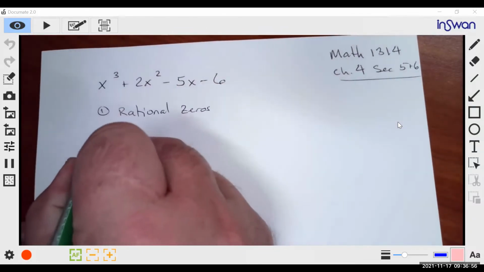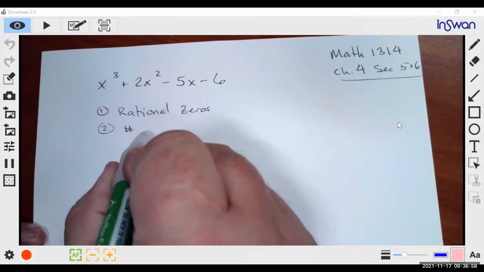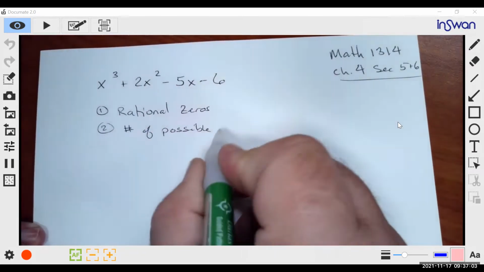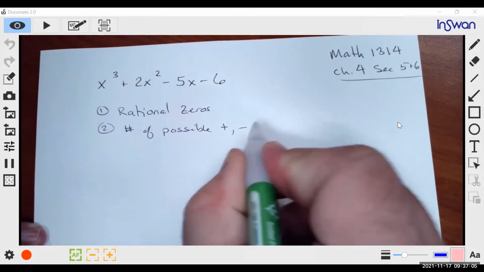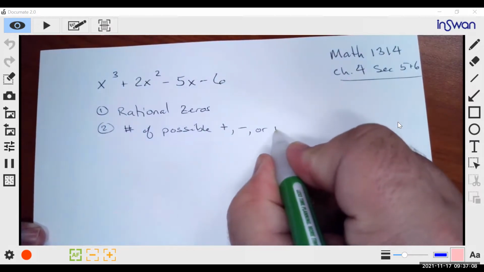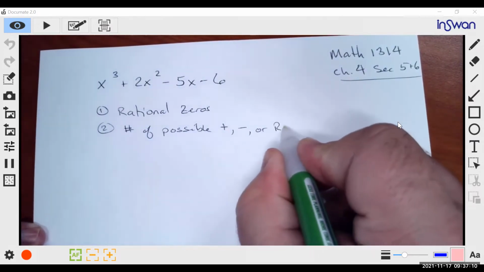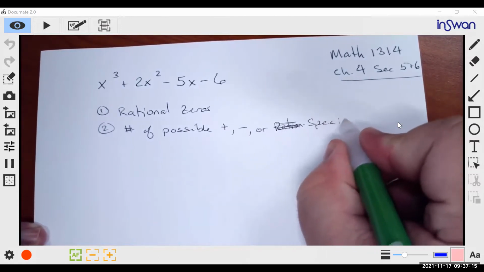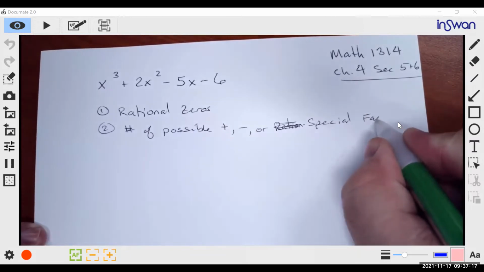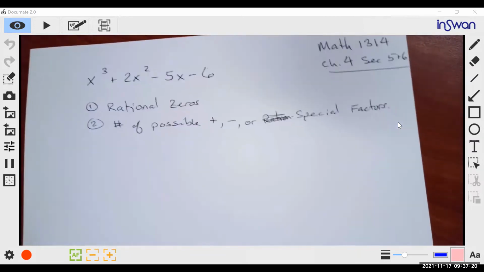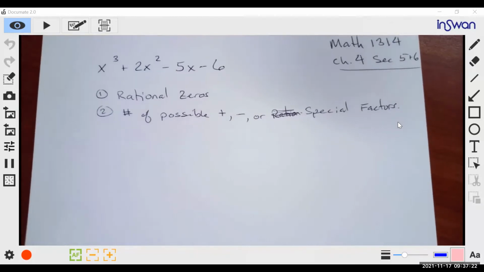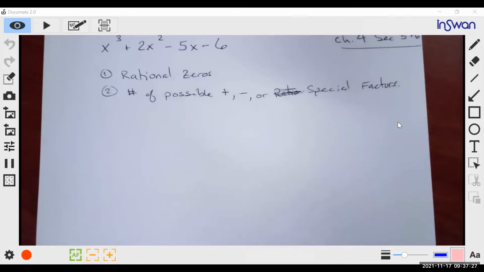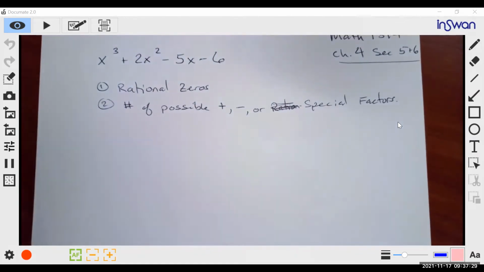And also the number of possible positive, negative, or rational but special, we'll call them specials. So with this question, tell me all the possible solutions and then how many positives, negatives, or specials we're going to have.